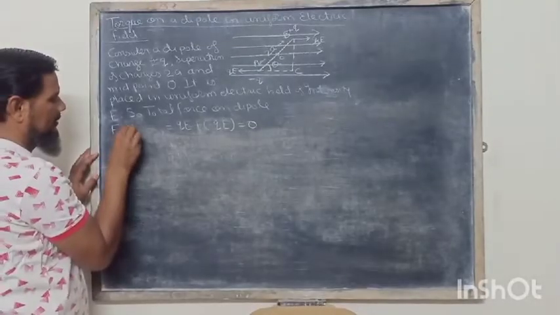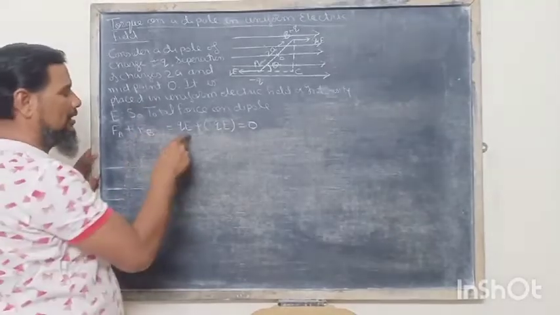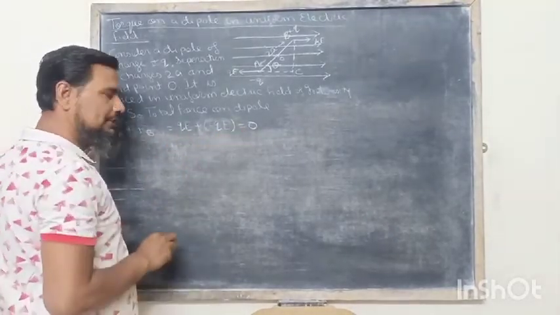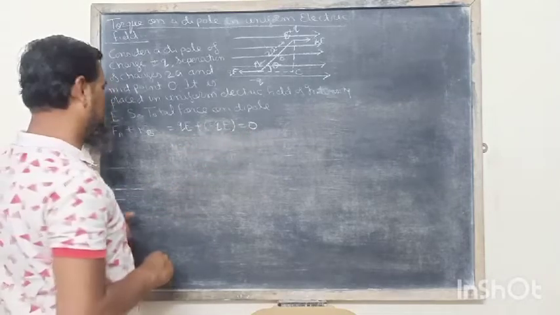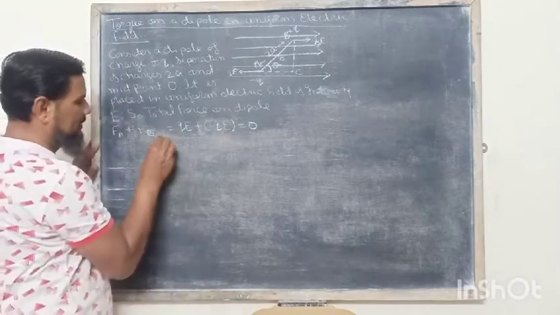FA plus FB: both forces are equal in magnitude and opposite in direction, so the total force on the dipole will be 0.